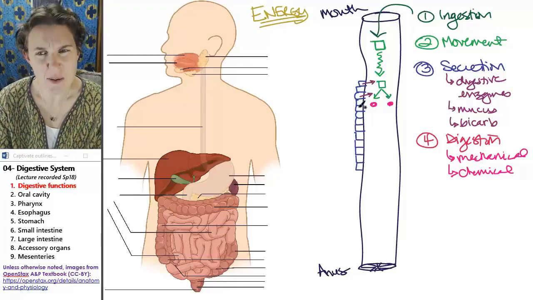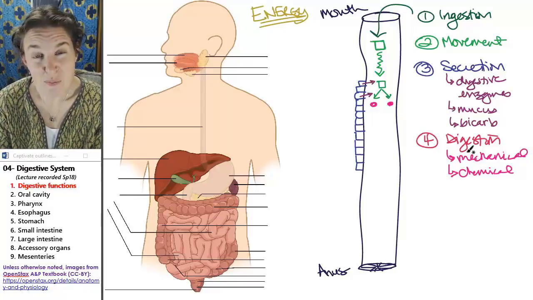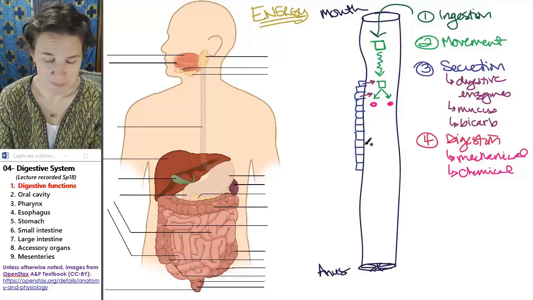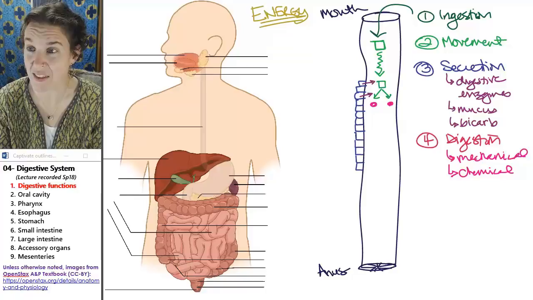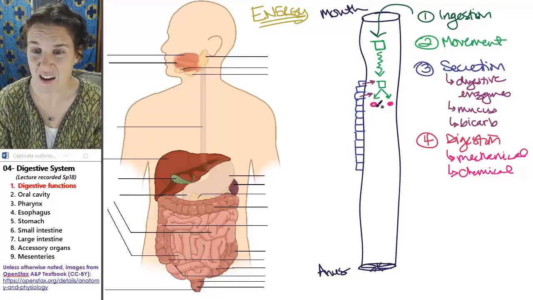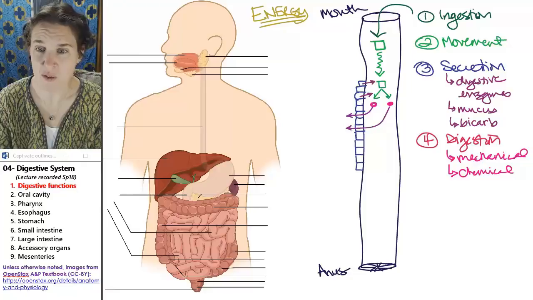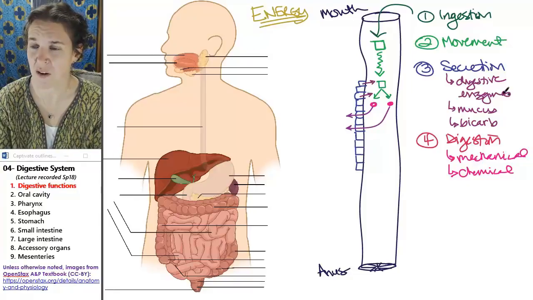So digestive enzymes can be secreted, and then they break apart the substance. Once you get those pieces broken down, another task of the epithelial tissue is to absorb those substances, whatever they are.